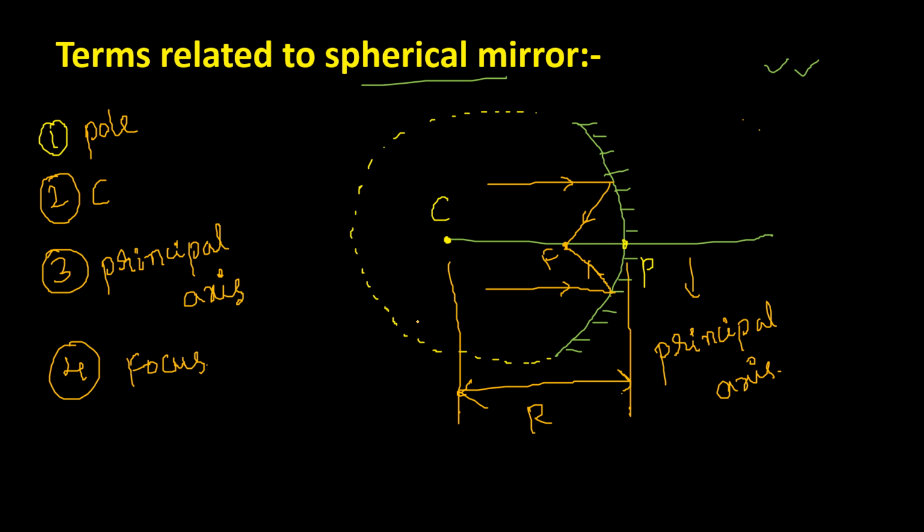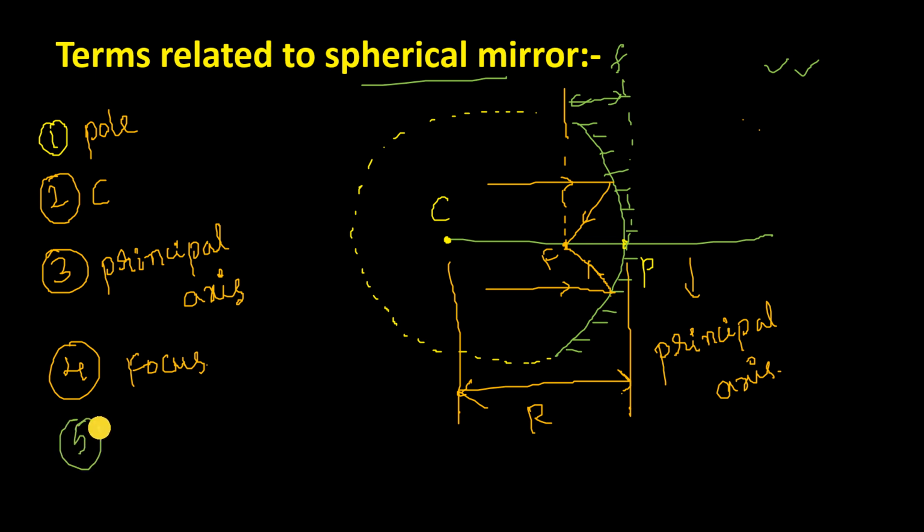The distance between focus and pole is called focal length.